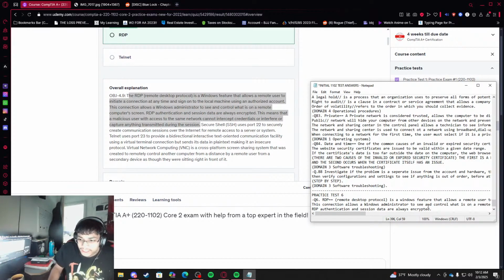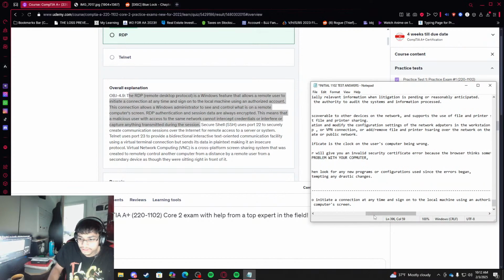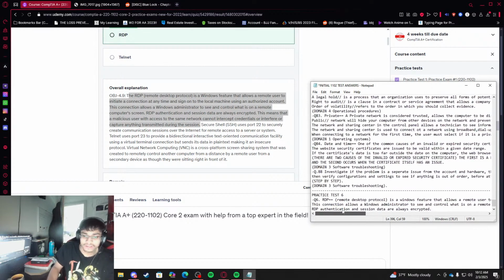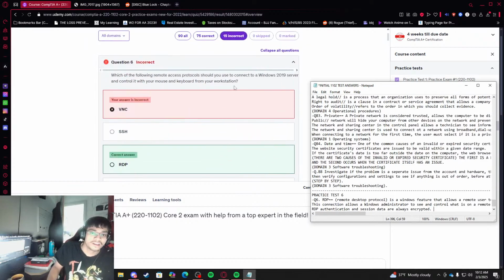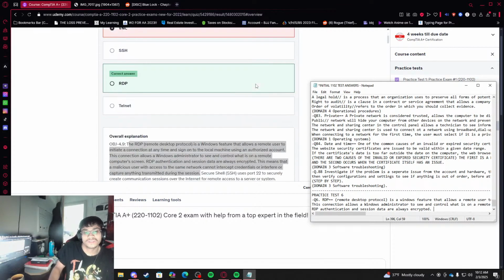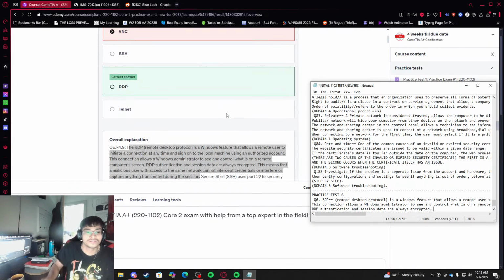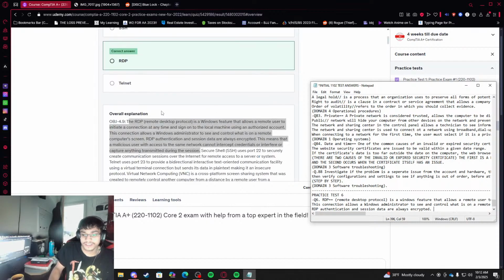There's a Windows feature that allows a remote user to sign on a local machine using an authorized account. This connection. So really, the key term when you look for is Windows 2019 server. Why? Because you're gonna control it. It's gonna be authorized to control it. These aren't really authorized to make those type of changes.